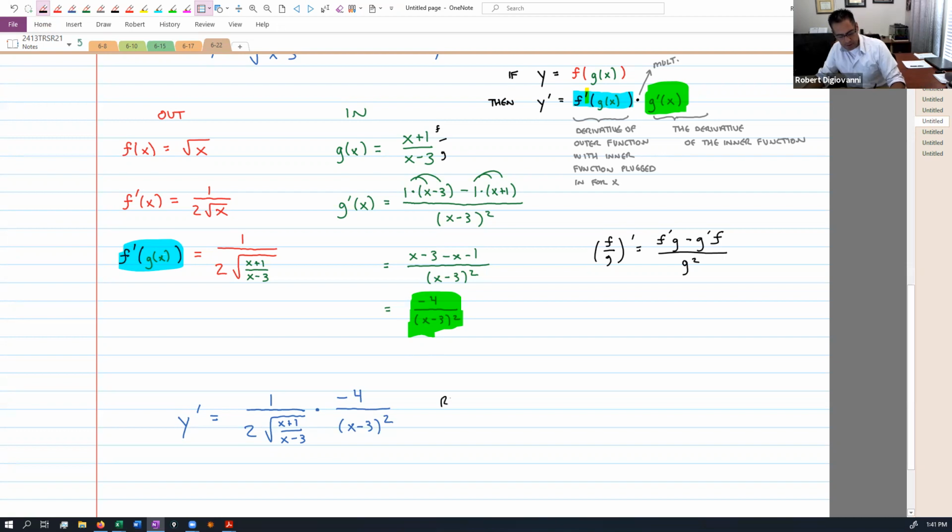This is the raw derivative. It's basically the derivative. We haven't really messed with it. There's some simplification that we can do.